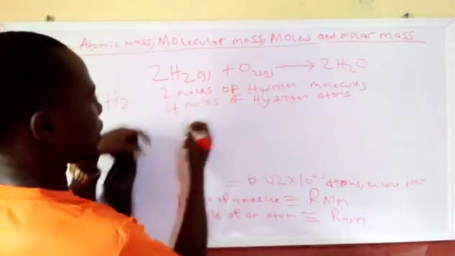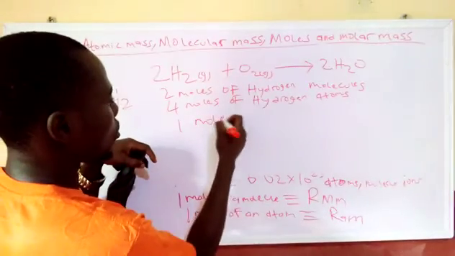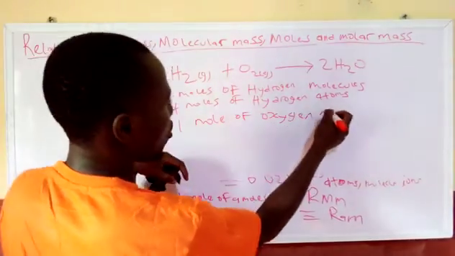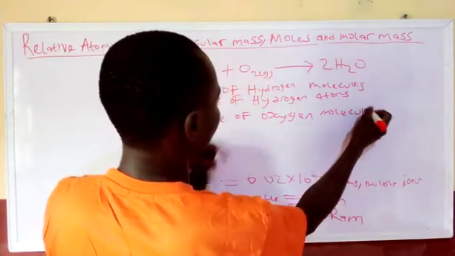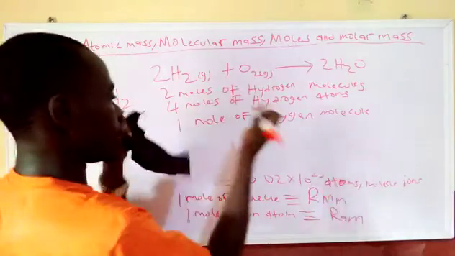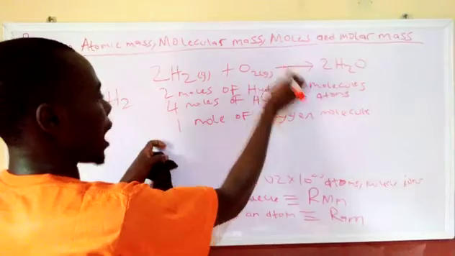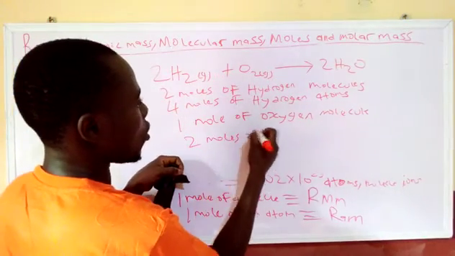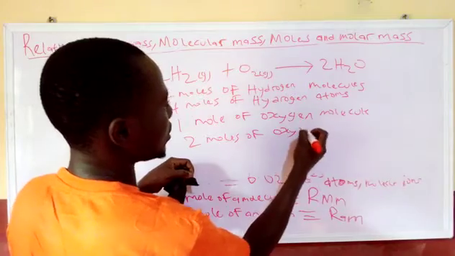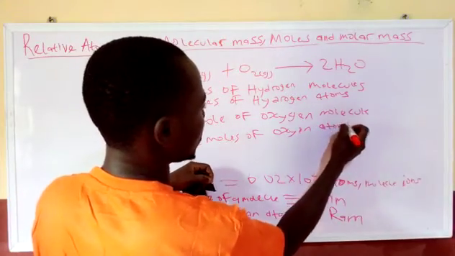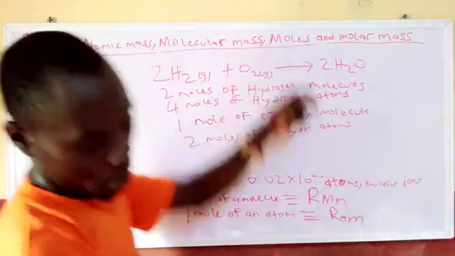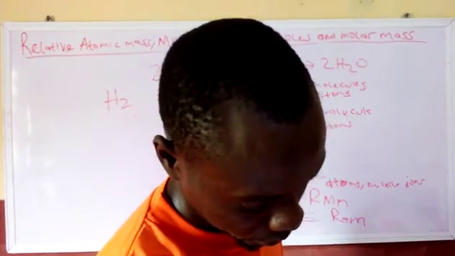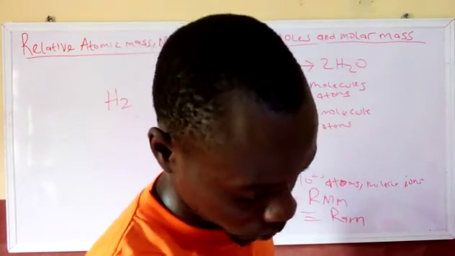Let's try oxygen. 1 mole of oxygen, what? That should be molecule. I think you can guess. Molecule, because that was why we identified molecule the other time. Now back to atoms. That will be 2 moles of oxygen atoms. So the same thing goes like that.